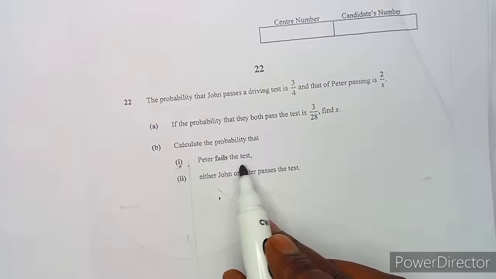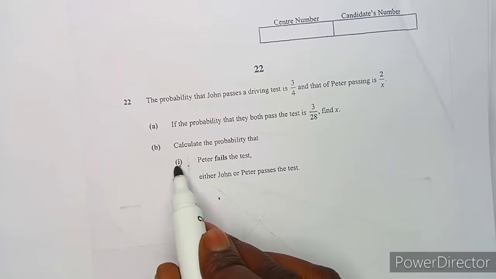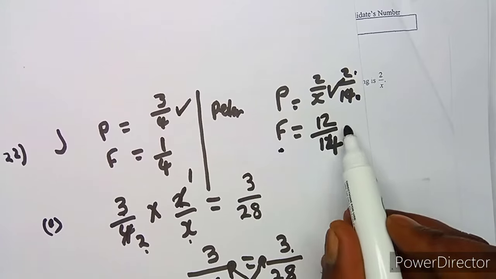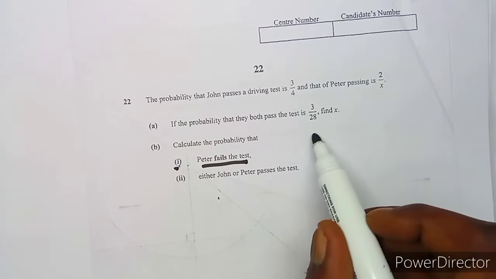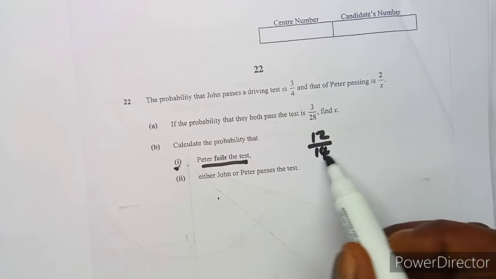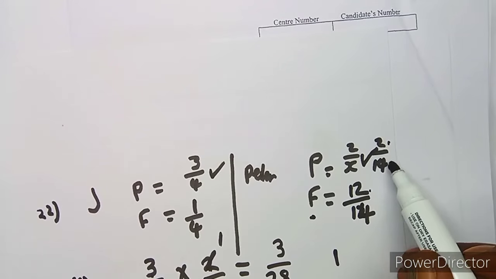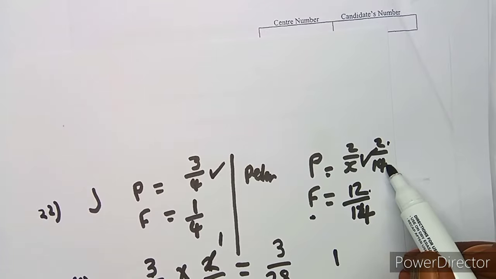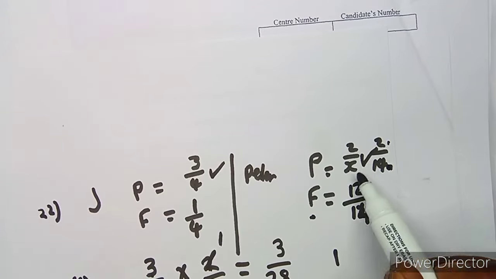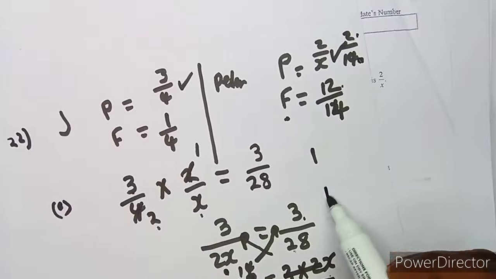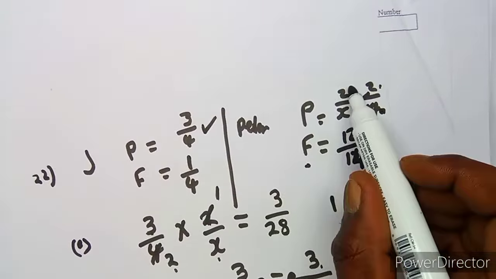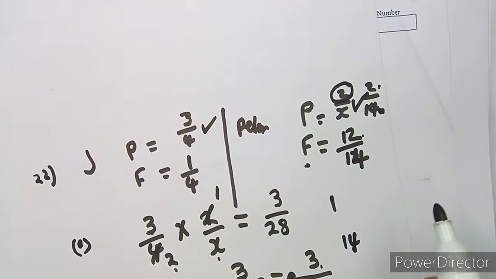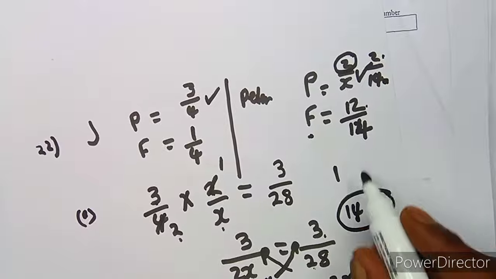Let's move on to another part where we are asked to calculate the probability that Peter fails the test. Already we calculated here, so for Peter to fail is 12 over 14. Since this x is 14, there are 14 in total, but only 2 chances to pass, so you subtract those 2, that's going to give us 12 over 14.